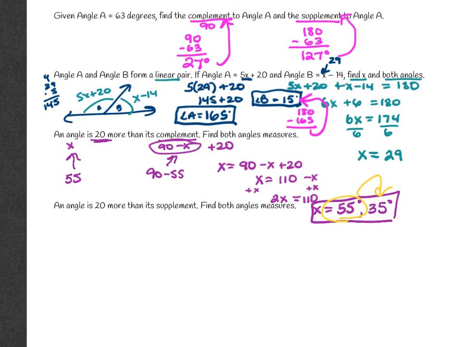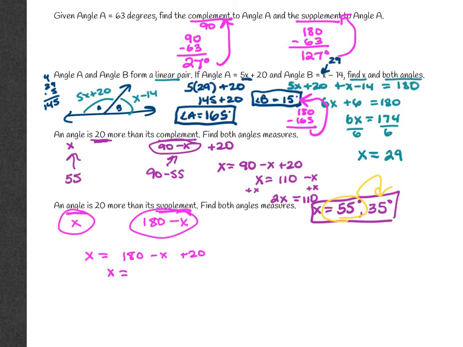And the last one says an angle is 20 more than its supplement. Find both angles. So now the angle is again your x. The supplement is 180 minus x. This angle is 20 more than this. So x equals 180 minus x plus 20.